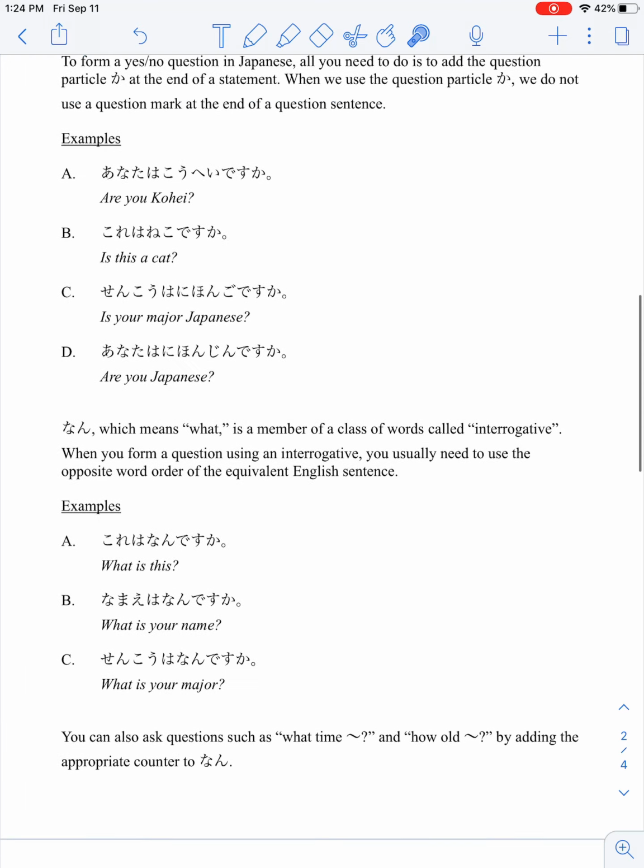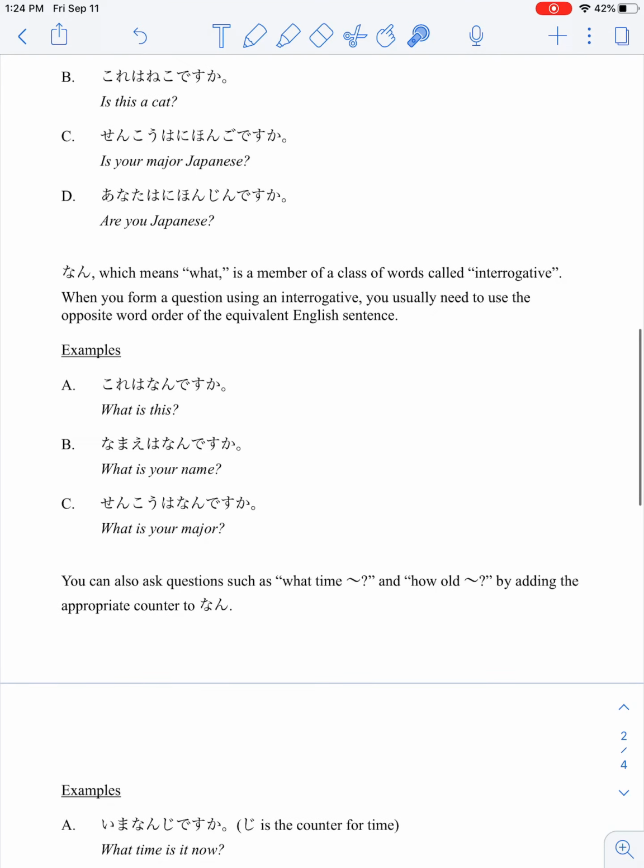Okay, next let's learn how to ask open question. Nan means what, and it's a member of a class of words called interrogative. When you form a question, open question, using an interrogative, we usually need to use the opposite word order of the equivalent English sentence.